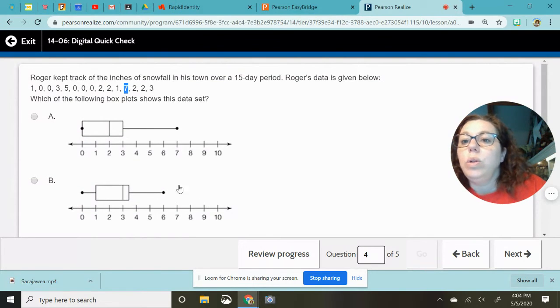Now, take a good look at these numbers here, and you can see that there are a lot of zeros. That is giving me a big hint that my data plot is going to start on this line here. And there's also 1, 1.